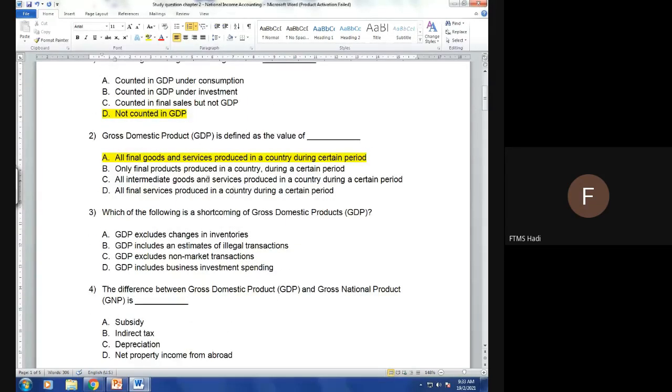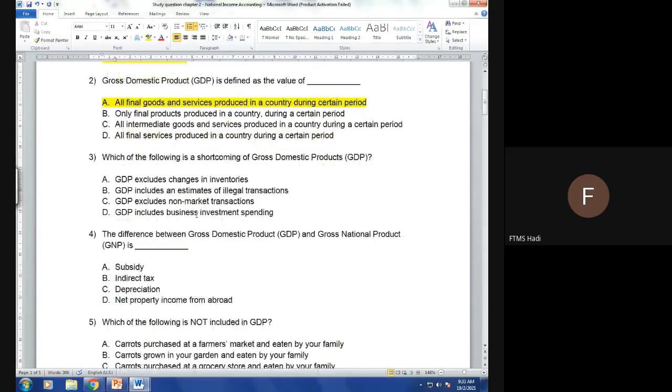The third one, which of the following is a shortcoming of gross domestic product? The first one, the GDP excludes changes in inventory, and then GDP includes the estimate of illegal transaction. GDP excludes non-market transaction. GDP includes business investment spending. Shortcoming means the problem that happens during GDP.